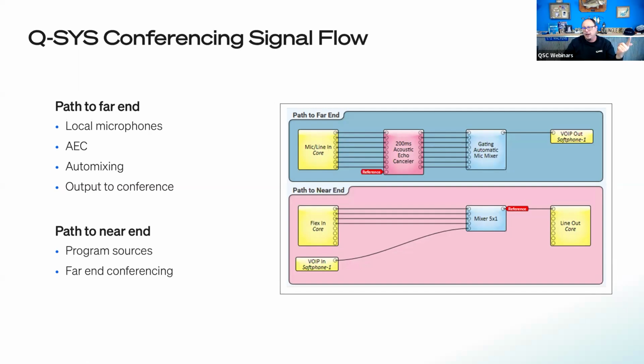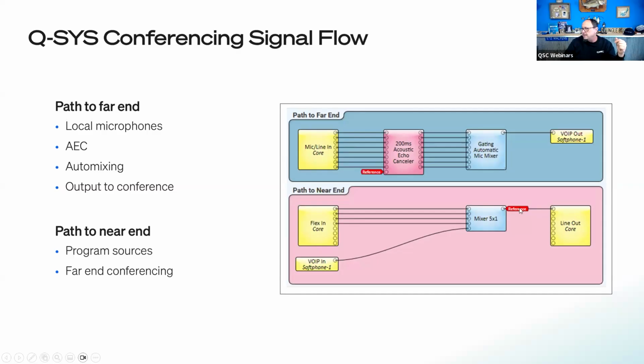You could be going analog out to a conferencing hard codec, or USB conferencing out, whatever the case is. And then the path to the near end is you bring in whatever program audio is in the room, and you bring in the VoIP, the USB, whatever it is, the far end audio. You mix that together, and then you push that out the loudspeakers.